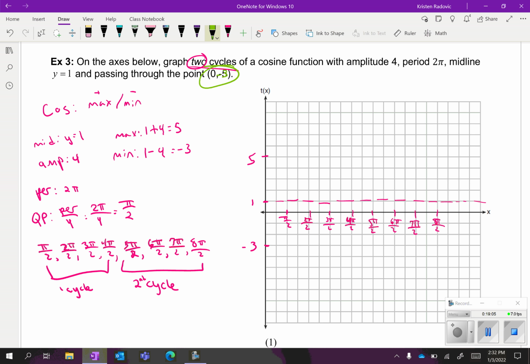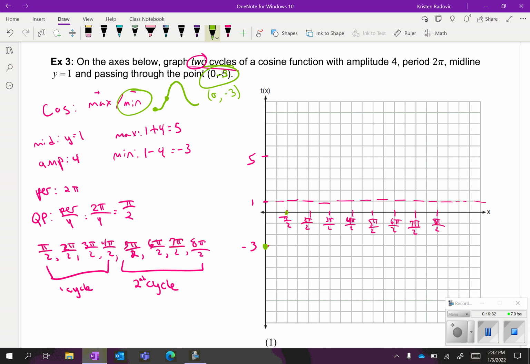Yeah, let's go with 0, -3, because that actually makes sense. So with 0, -3, that's going to be your minimum. And that means we're having a negative cosine function. So we're starting at the minimum, so the graph is going to look like a hill. We're starting at the bottom, and we're going to work our way to the top by going to the midline.